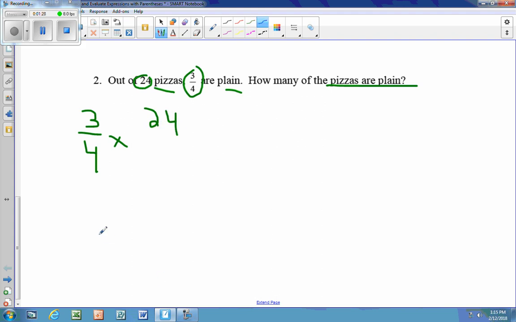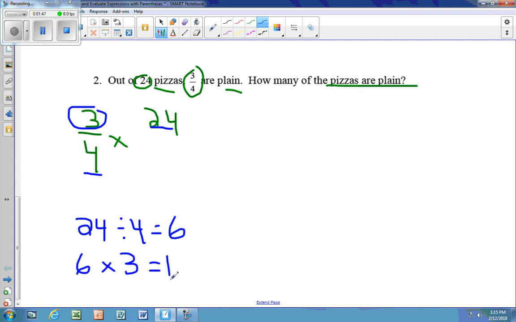For those of you who've forgotten, we first do the 24, and we divide it into 4 groups, and that will give us 6. And then we're going to take the 6 in each group and multiply it times 3, because there's 3 groups, and we would end up with 18. So we know that there are 18 pizzas that are plain. Some of you would prefer to draw a picture. If you prefer to draw a picture, that is okay as well.